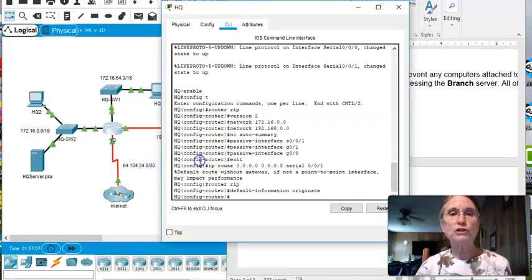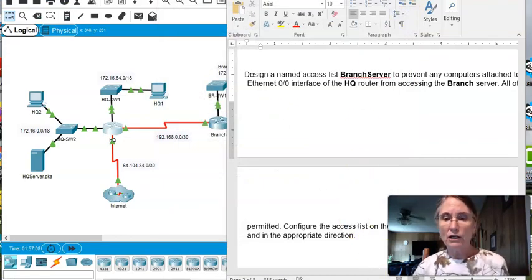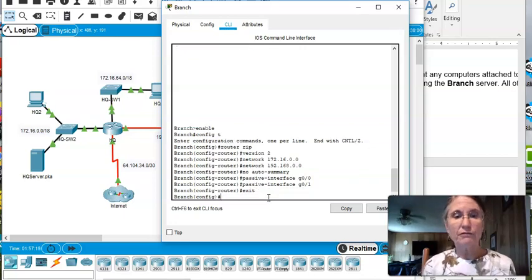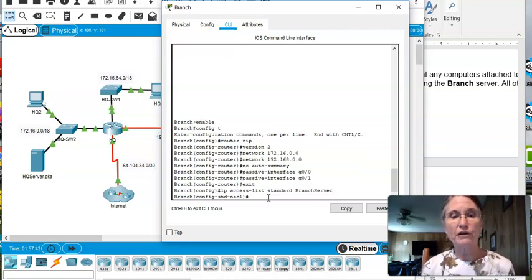But I will start by looking at the branch router, and from the config prompt, I will put in IP access list standard and then the name that we have been given, branch server.